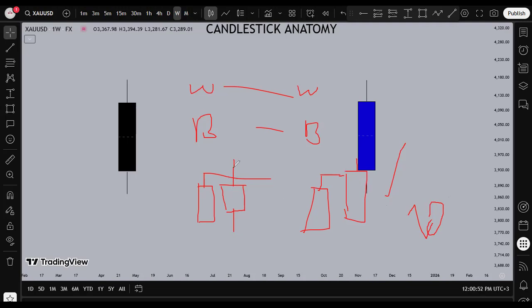And sometimes we can have a wick to body breakout, where price breaks the wick of the last candle. Now that can bring you information that the price is about to continue with the direction, or the price is about to continue with the retracement phase.